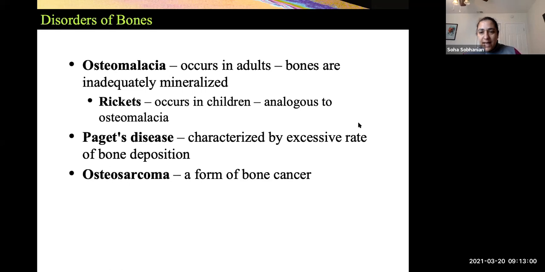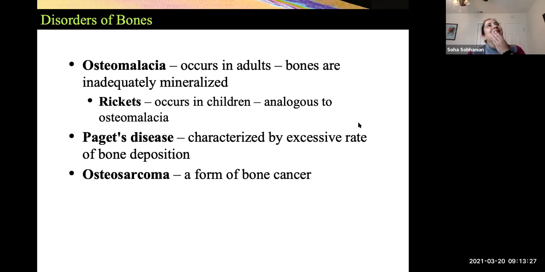Paget's disease is another one. I don't know if it's as well known as osteomalacia, but Paget disease is when your body deposits an excessive amount of calcium into your bone. So you have a higher level of calcium deposition than your body needs. It can cause this, I guess, deformation.